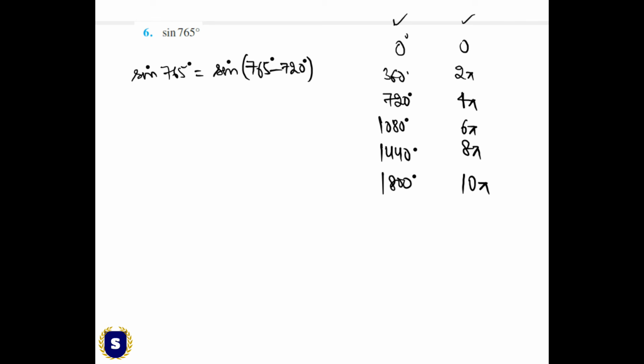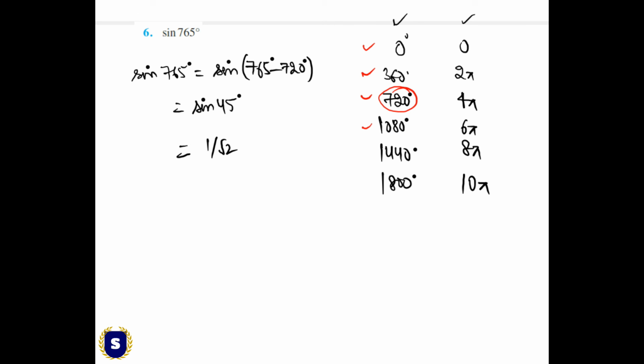As I told you, you can add or subtract any of these values. I choose 720 here because that is the required value by which I can bring the angle into the range of 0 to 90 degrees. Now it is converted into 45 degrees, right? And I know the value of sine 45 degrees as 1 by root 2, right?